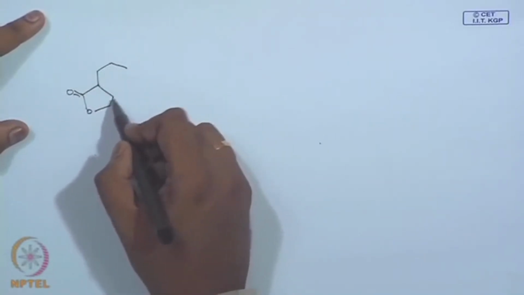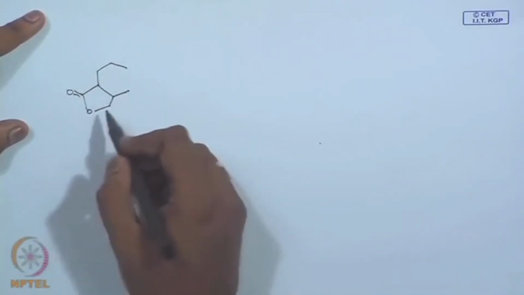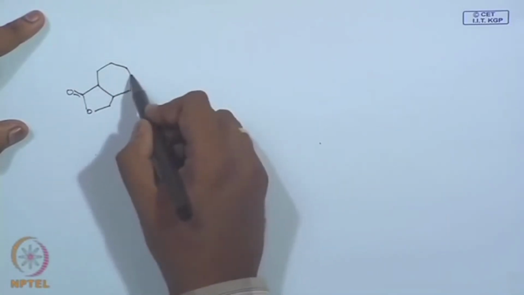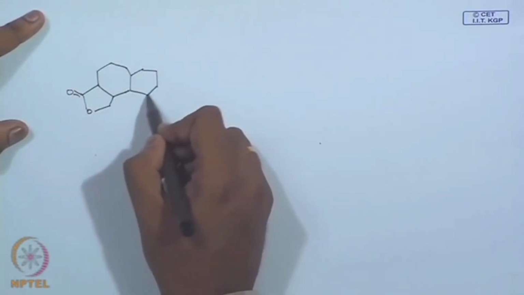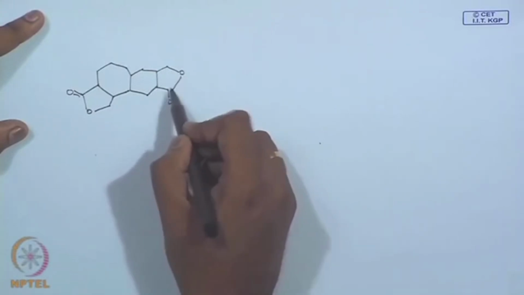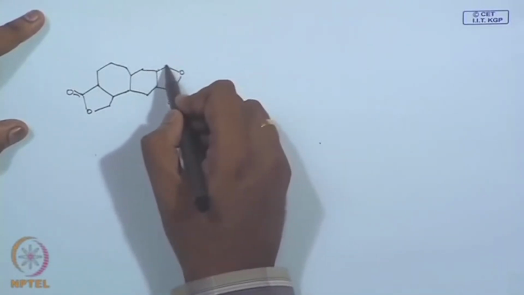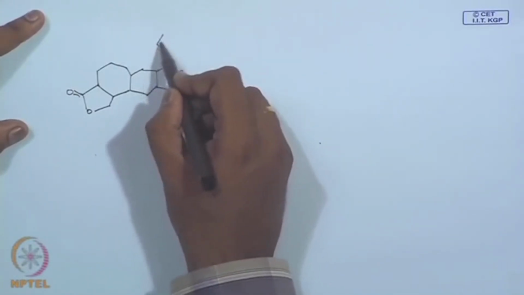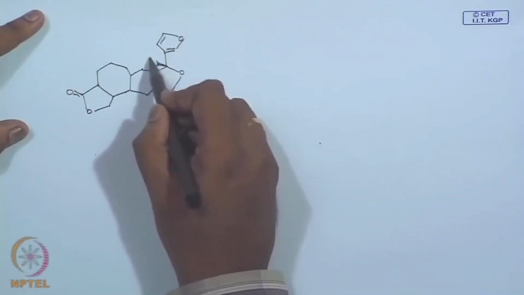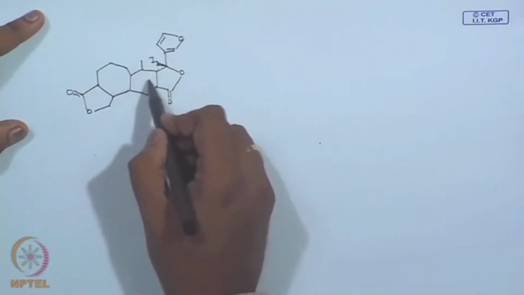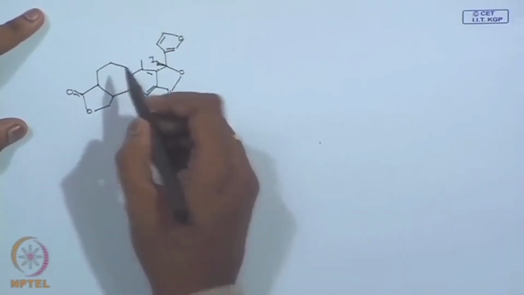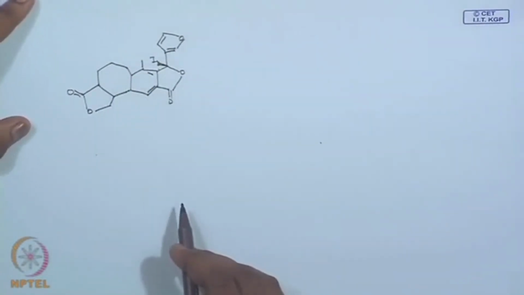It's a 7-member ring, so be careful with that. This is fine, all of this will remain the same because nothing is happening to that. And you have your furan, and you have your iodine, with the double bonds unaffected. Now let's see what happens after the shift.